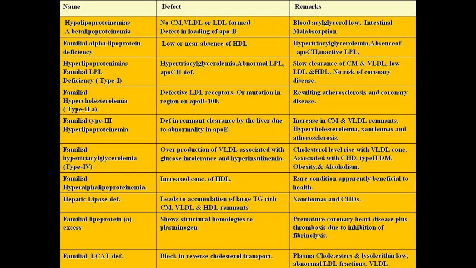Fourth row, familial hypercholesterolemia type 2A. In this case, there is a defect in LDL receptors.